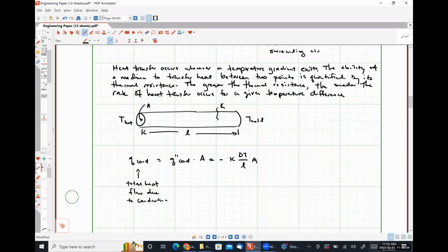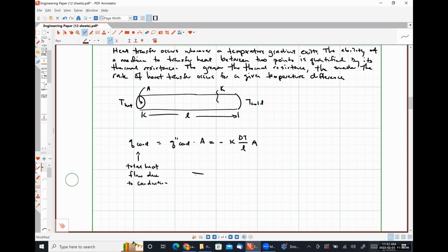So if we treat the change in temperature as a change in potential, a voltage, and we treat our heat flux, which is moving through our rod, like current, we can define a thermal resistance that is going to be the magnitude of the change in temperature divided by our heat transferred, and we get 1/K times L over A, which looks incredibly like electrical resistance, which is 1/electrical conductivity times L over A, right?